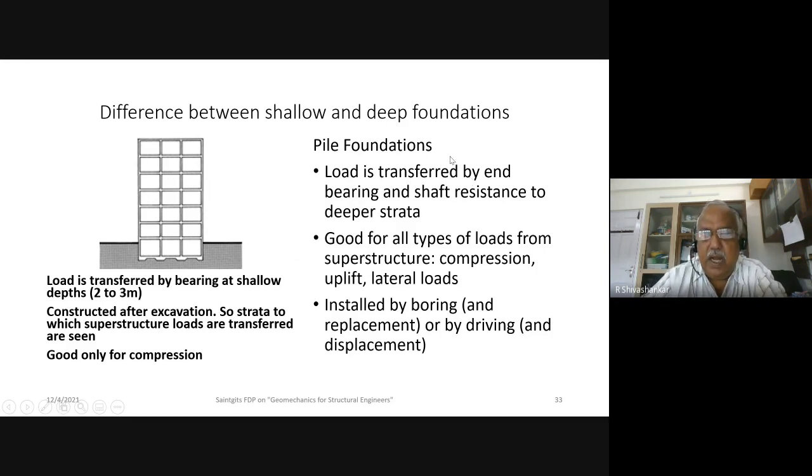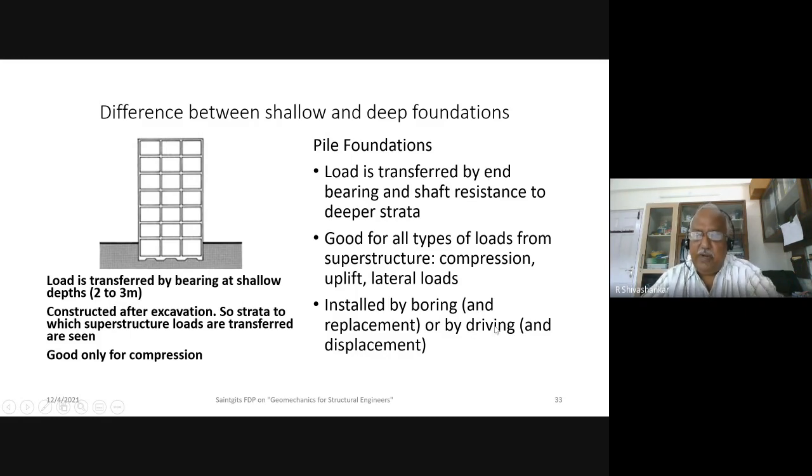But in piles, there are again two types: bored piles and driven piles. Usually, we get an idea of the type of soil in the case of bored piles, because in bored piles we remove the soil and replace it with concrete, so they are called replacement piles. But we do not see the proper nature of the soil in its natural environment.